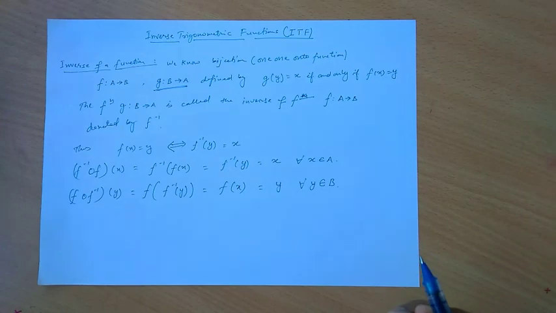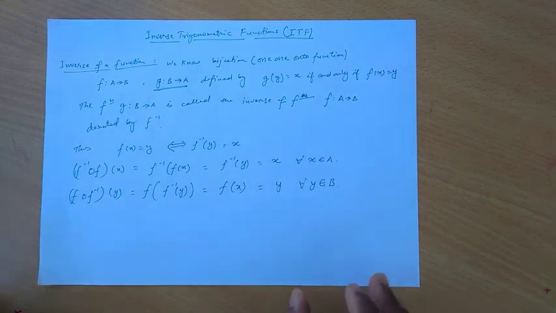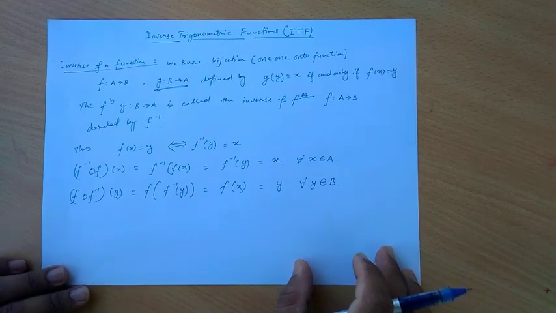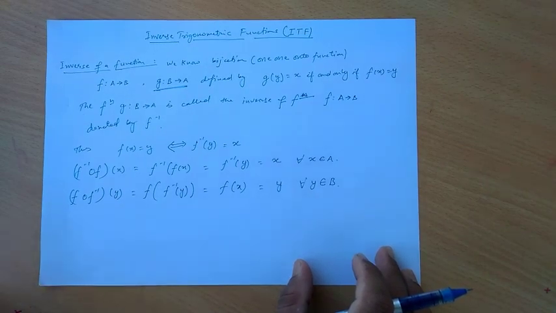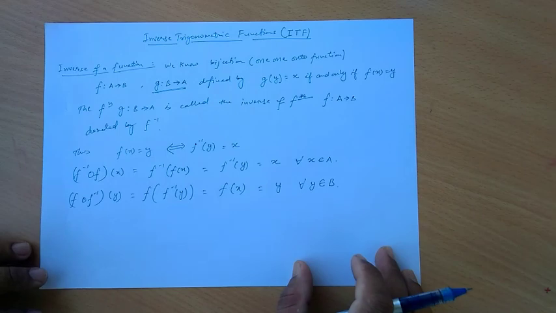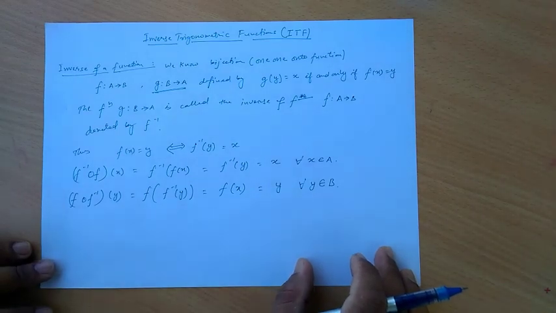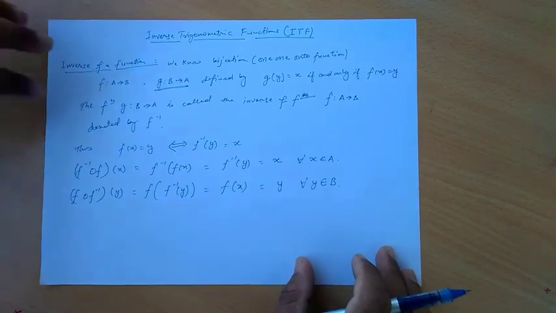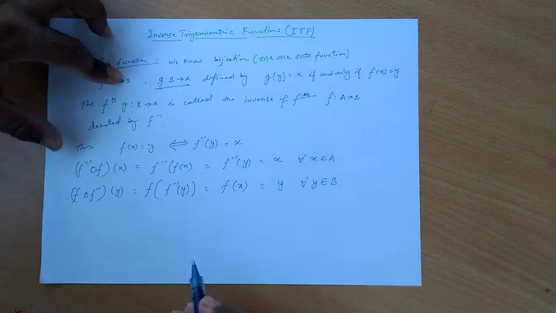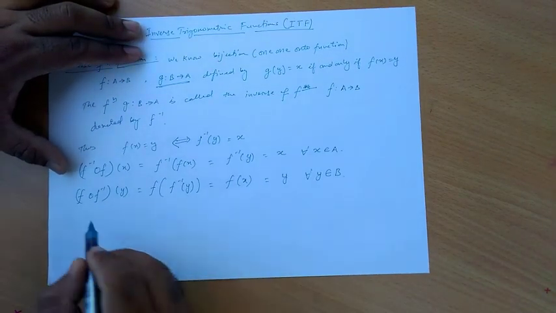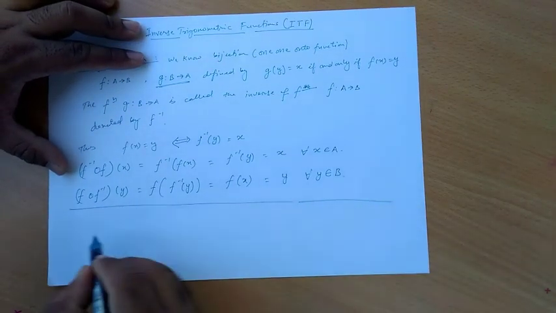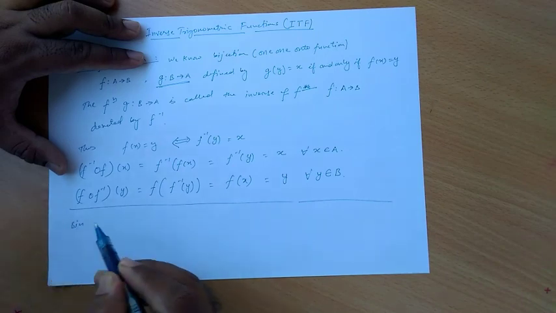So these many things in the previous chapter we have seen, and before starting ITF, that is inverse trigonometric functions, we'll have a glance at the trigonometric functions. Once you know the trigonometric functions very well, only then can one understand the inverse trigonometric functions. So let us consider sine.